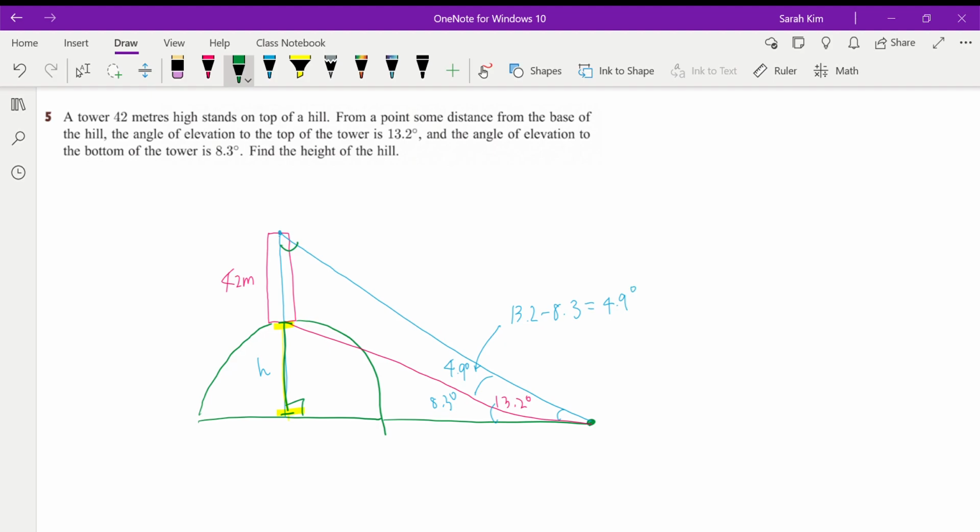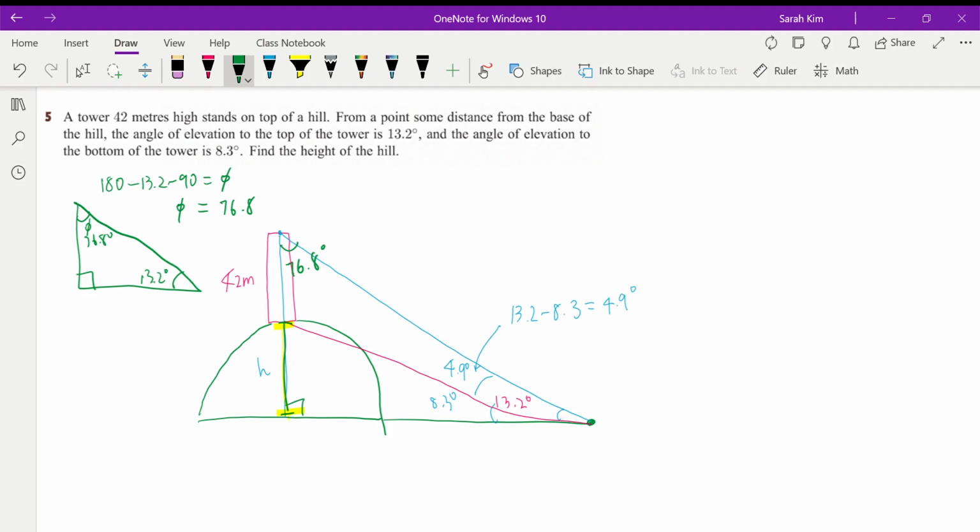If I have a look at the big triangle and copy it down over here, this one is 90 degrees. That one's 13.2 degrees. So I should be able to find this by doing 180 take away 13.2 take away 90 equals that angle. Hopefully that comes naturally to you. Which equals 76.8 degrees. And I can write that on my diagram as well.